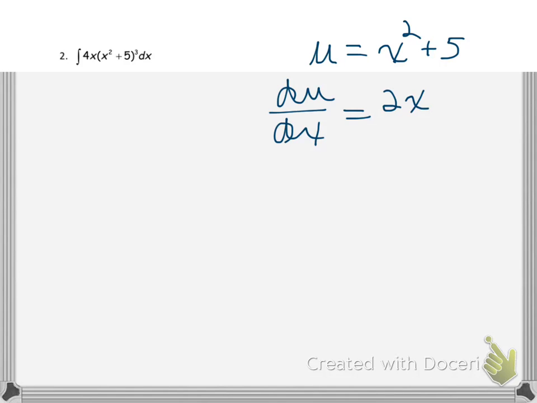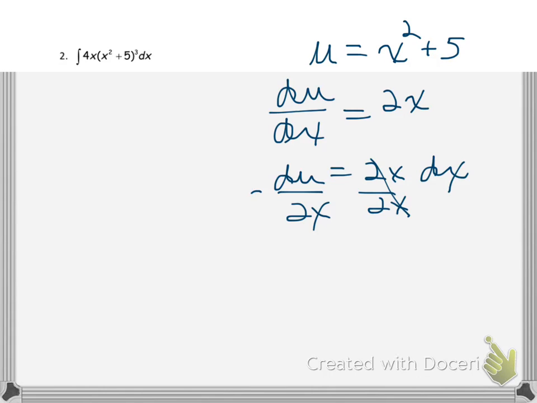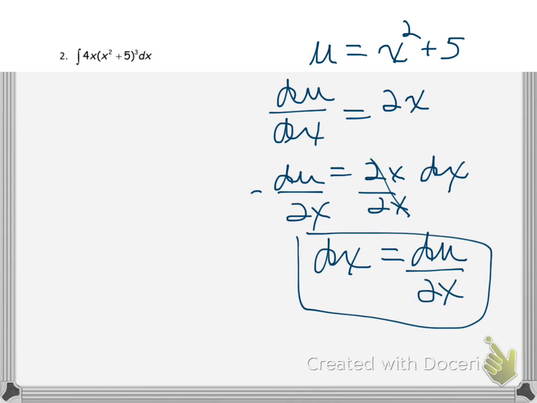So what does dx equal? Well, du equals 2x dx. Divide by 2x, and you can see that dx will equal du over 2x.